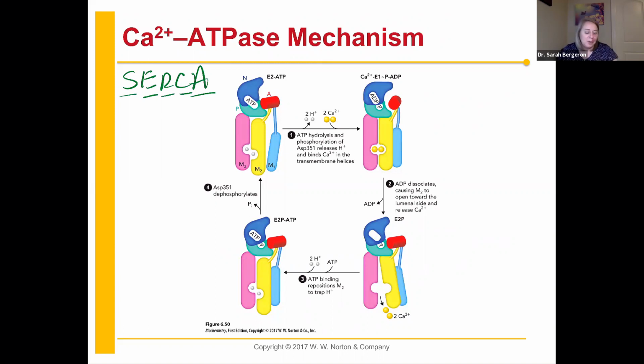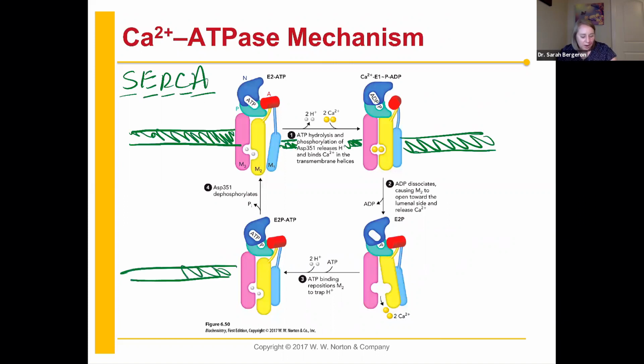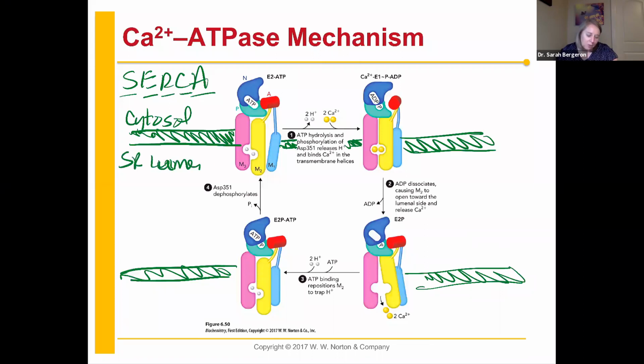All right, so what you've got to remember, and I don't like the way your book did this diagram, is that this protein is sitting inside of our membrane, right? Here's our membrane. I'm just going to kind of draw it out because it's really important to remember it's sitting inside of a membrane. And I'm going to go ahead and add it across just so that we can remember what's in the cytosol and what's in the sarcoplasmic reticulum lumen, L-U-M-E-N, lumen.